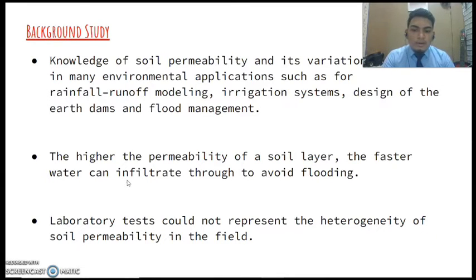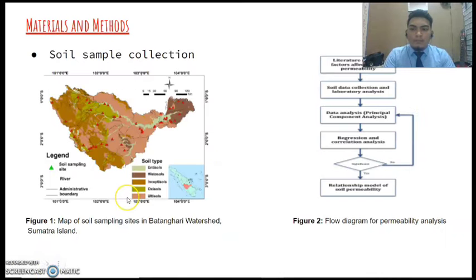Laboratory tests could not represent the heterogeneity of soil permeability in the field. The purpose of this study is to identify which soil parameters correspond strongly with soil permeability and propose a preliminary model for permeability prediction.